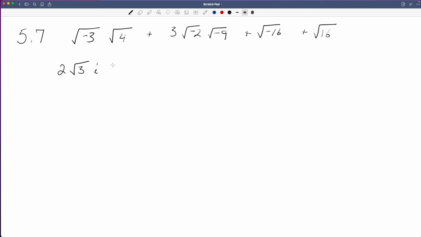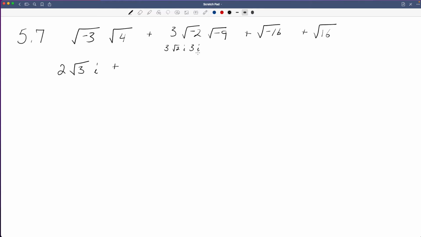Now let's look at this one, plus. So we have 3 times the square root of 2, so we know that that's going to be 3 square root of 2, i, because it's a -2. And then we know that the square root of 9 is 3, so that's 3, and then we have another i. So 3 times 3 is 9, and i times i is -1.